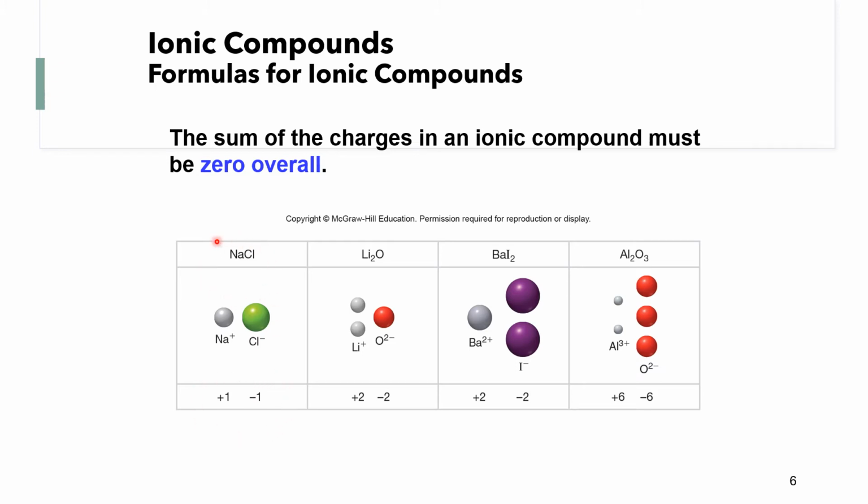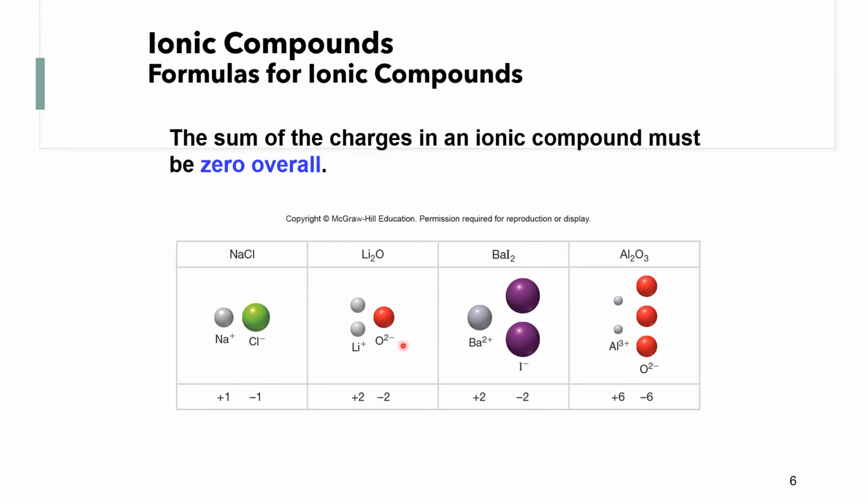In this case, we have sodium chloride, also known as table salt. Sodium has a +1 charge, chlorine has a -1 charge when they become ions. If you add +1 and -1 together, you get a total of 0. So this is correct. 1 sodium and 1 chlorine together create a 0 charged molecule.